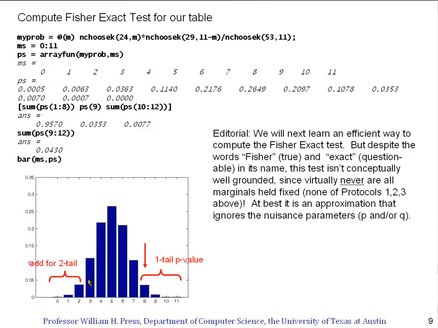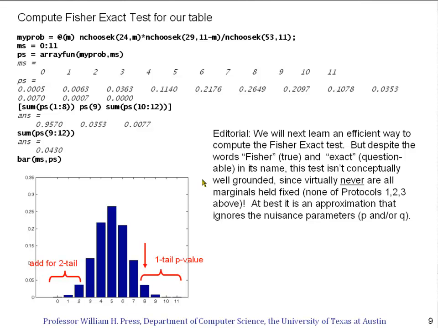So here's my editorial. We're going to learn an efficient way to compute Fisher's exact test, not just for 2x2 probability contingency tables, but for any contingency tables. And that's what people really do. But despite these words, Fisher, which is true, it was invented by Fisher, and exact, which is already questionable, as I've sort of indicated here, and I'll say more about later, this test, in my opinion, is simply not conceptually well grounded because of those P's and Q's.